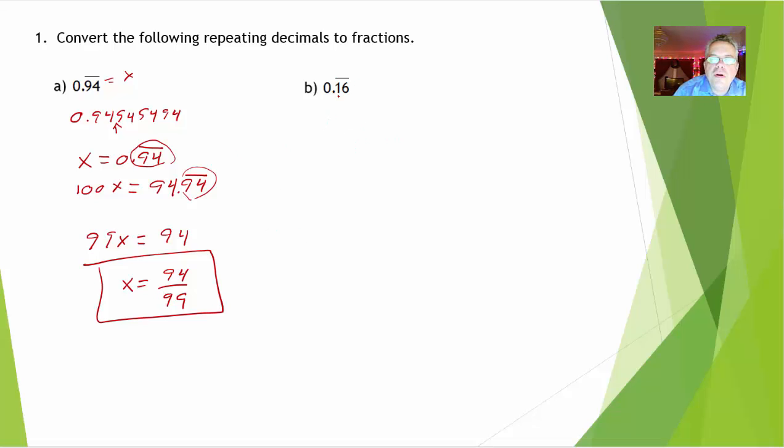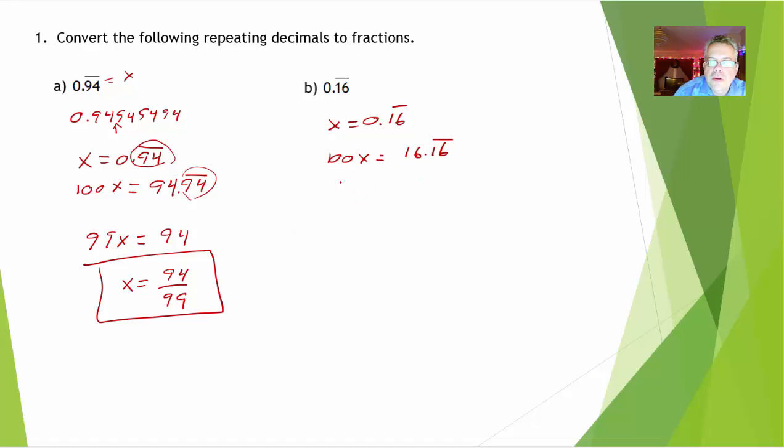Okay, so here we're going to try this one, 0.16 repeating. So x equals 0.16 repeating. We're going to multiply by 100 because that'll move the decimal place 2 places and make the repeating part the same. So 100x equals 16.16 repeating.